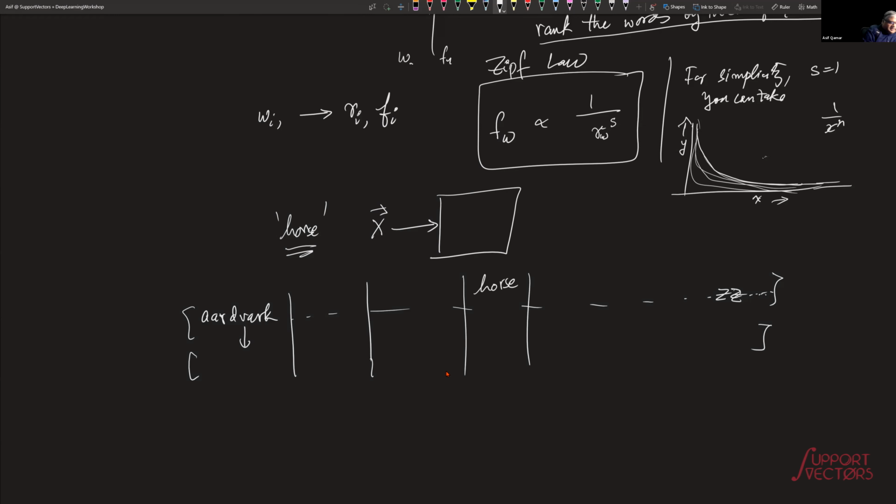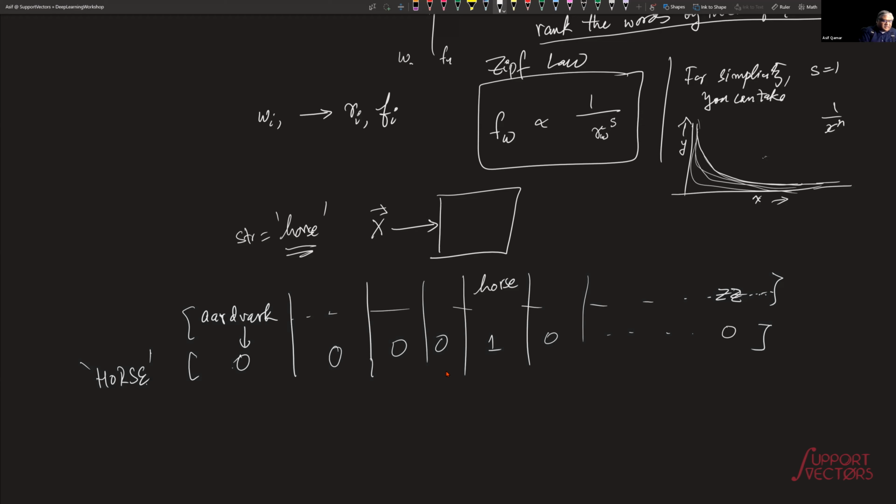So when you want to represent the word horse, you can ask yourself, is this string, horse, is it aardvark? You say no, so 0. Is it this? No. Is it this? No. Is it this? No. And finally, is it horse? You say yes. So you put a 1 here and you put zeros everywhere else.